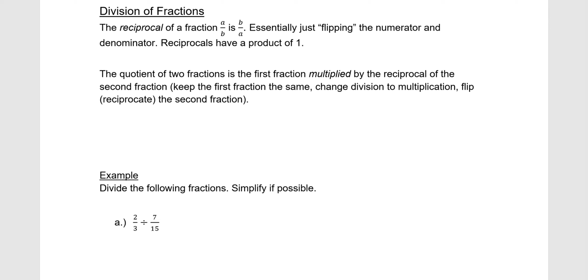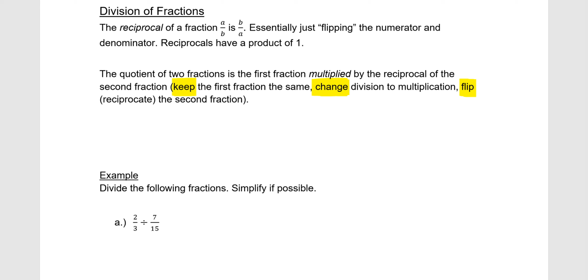So we're going to be changing division to multiplication. We're going to keep the first fraction the same. We're going to change division to multiplication, and then we're going to flip or reciprocate the second fraction. So that's why people call this keep, change, flip.